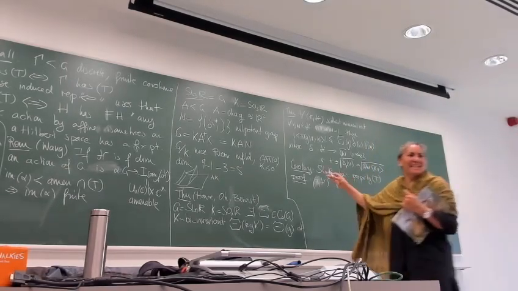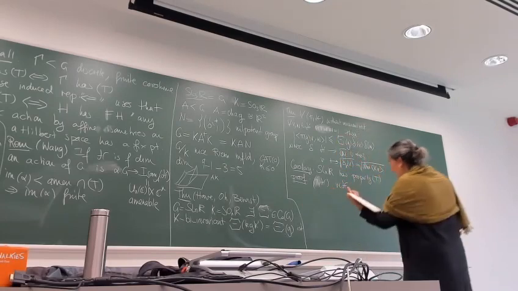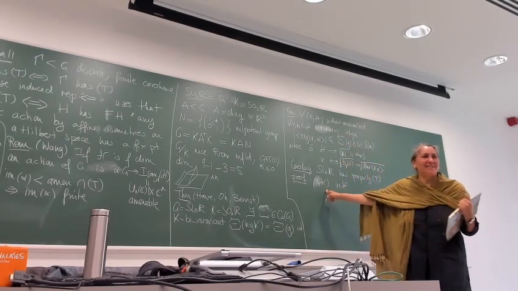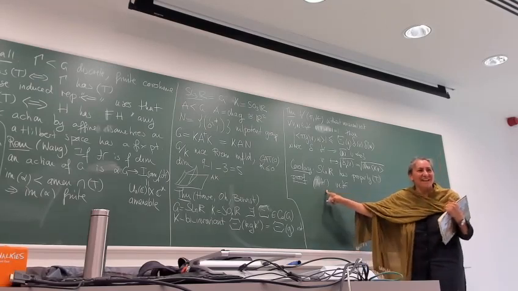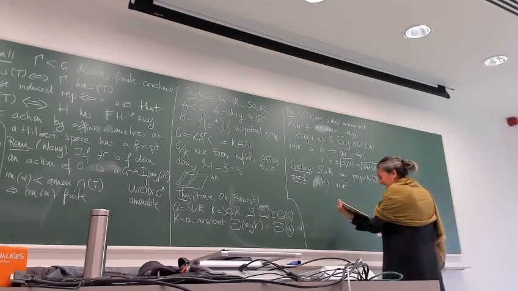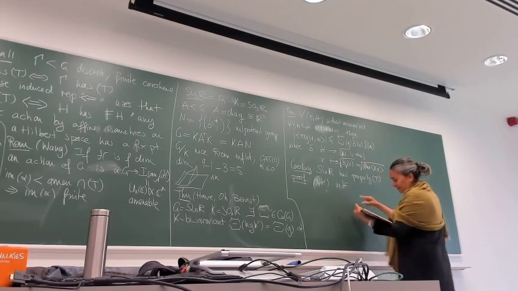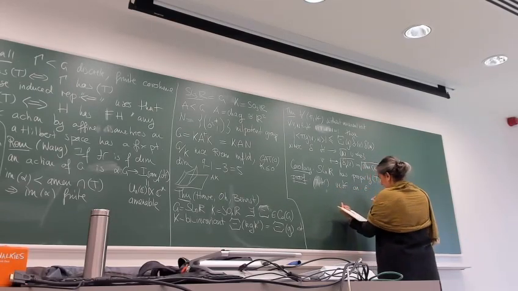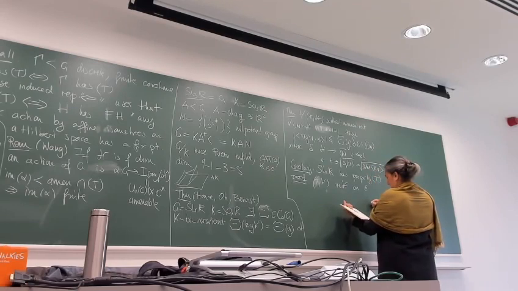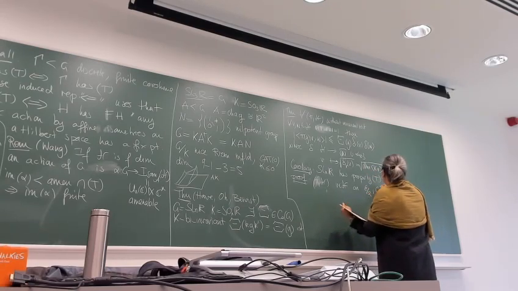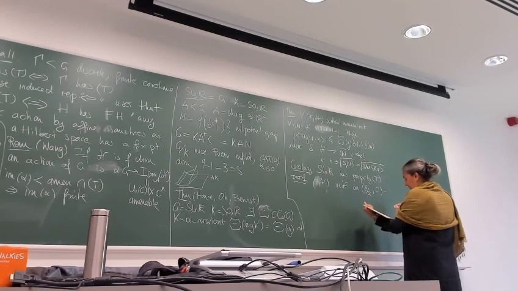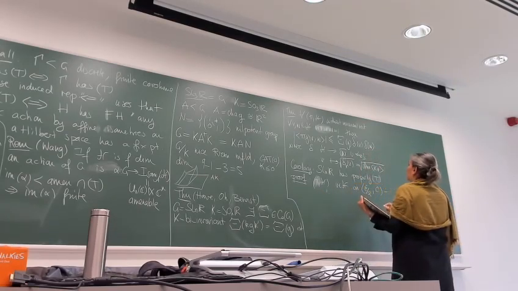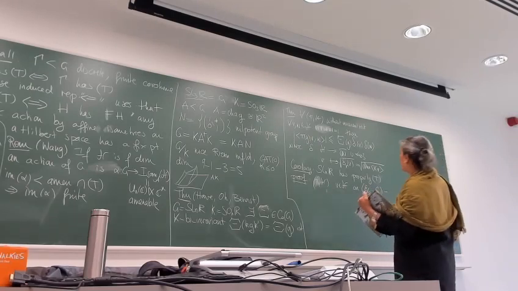So that's me. Okay. So you take a representation without invariant vector, and take v, which is an epsilon over 2C almost invariant vector.